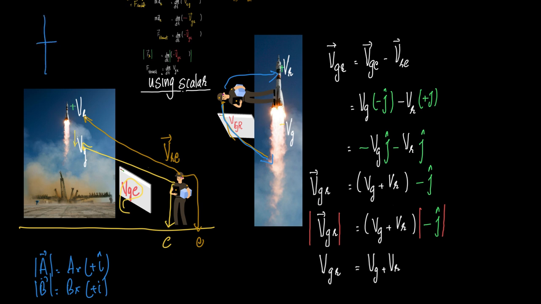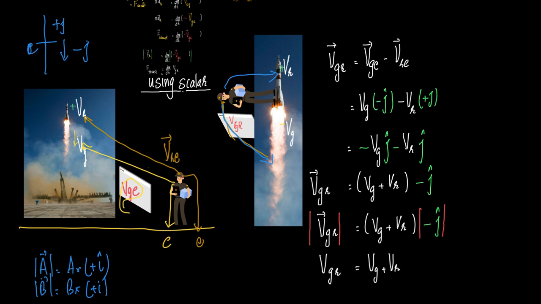Vertically up from Earth would be positive, and vertically down from Earth would be negative. Since it is vertically up, we'll take it as positive J and minus J. The gas is coming downwards, so we'll take it as minus J. The rocket is going upwards, so we'll take it as plus J.